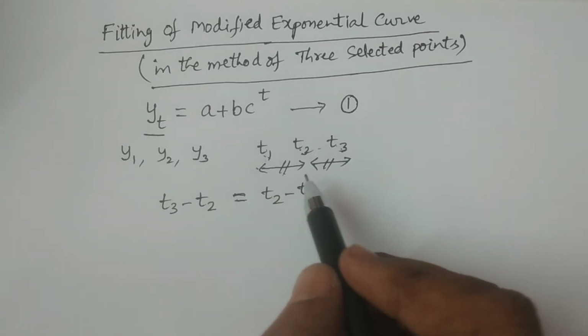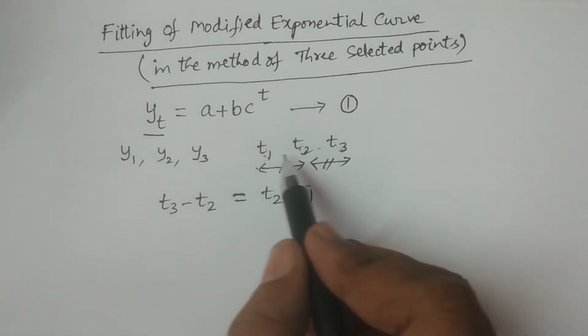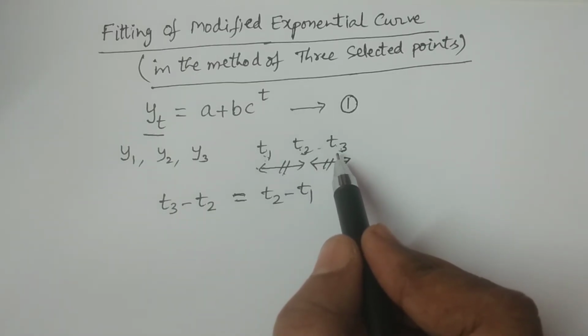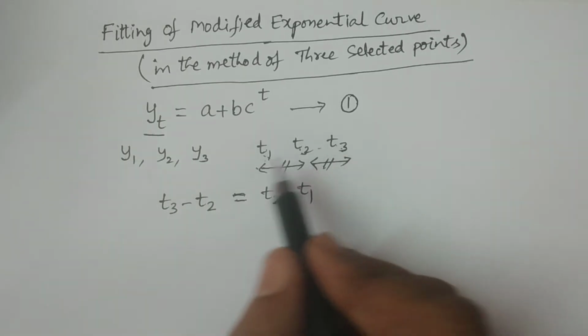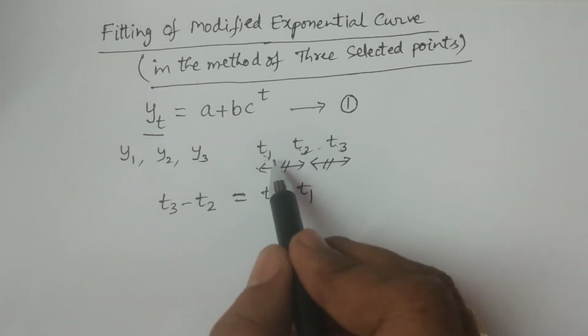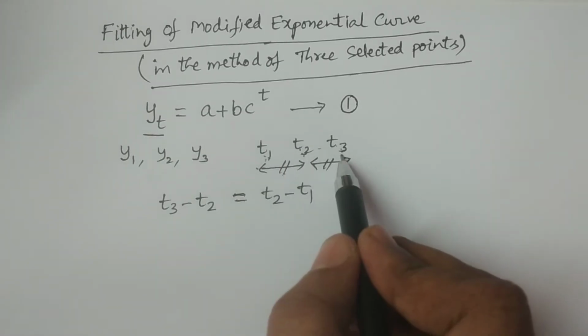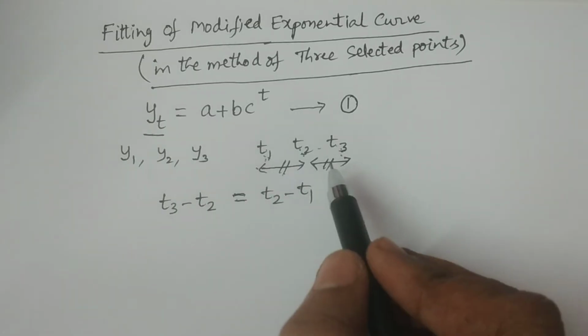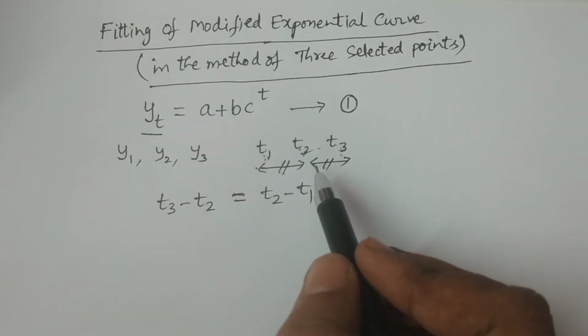Similarly, consider January, February, and March, maybe not exactly, every 30 days. 30 days and 30 days and 30 days. So therefore, they are equidistant. It must be equidistant, right?